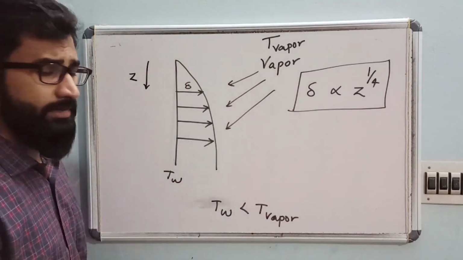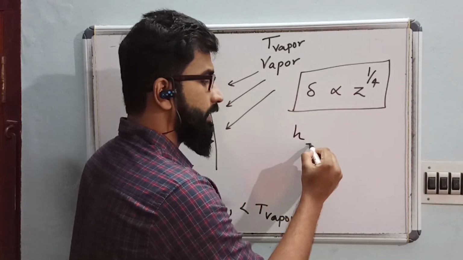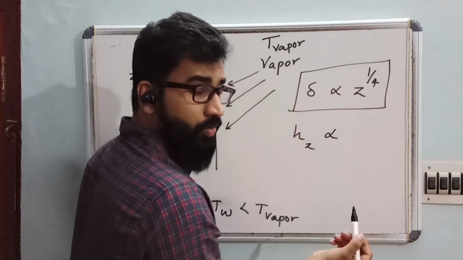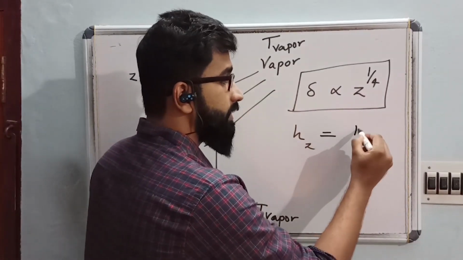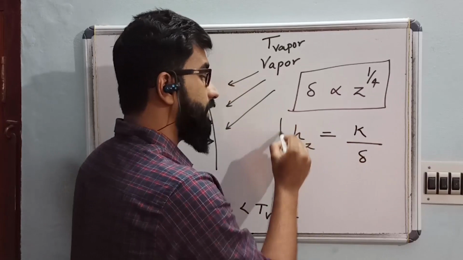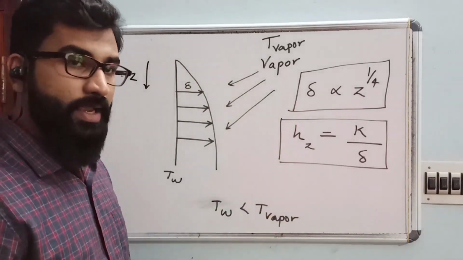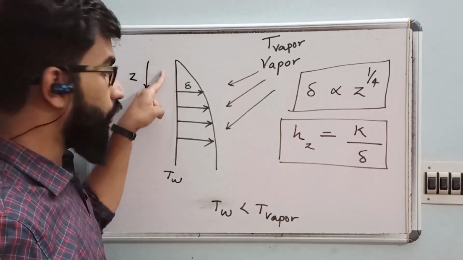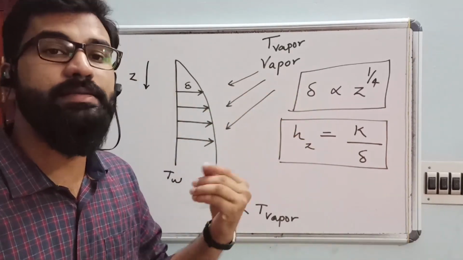And the other thing, what is happening? Your heat transfer coefficient, that is the local heat transfer coefficient, will be equal to K divided by del, or it is inversely proportional to your film thickness. Why? Logically also you can think: when you go downwards, your del is increasing, your thickness is increasing.